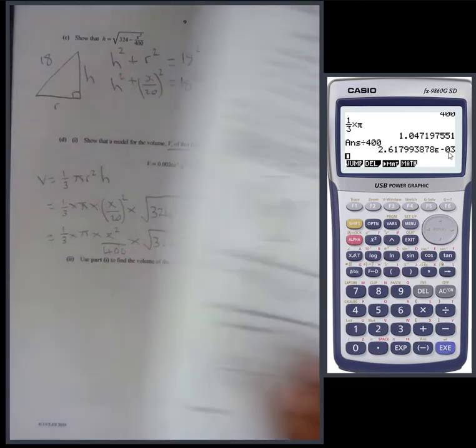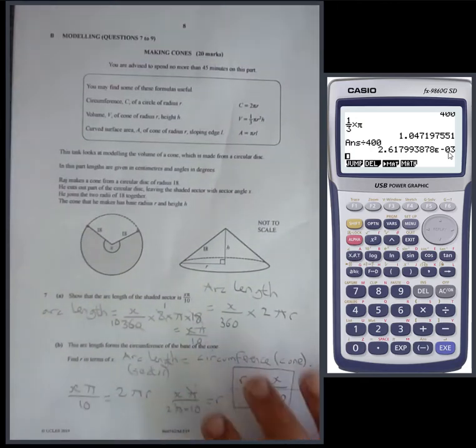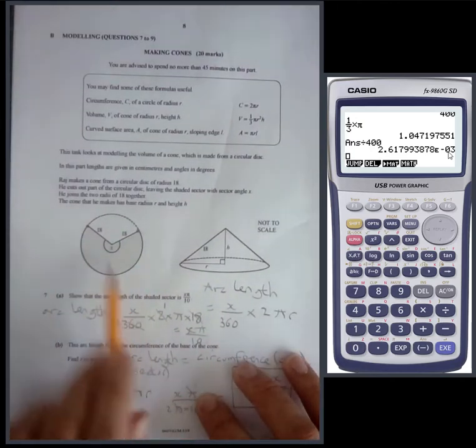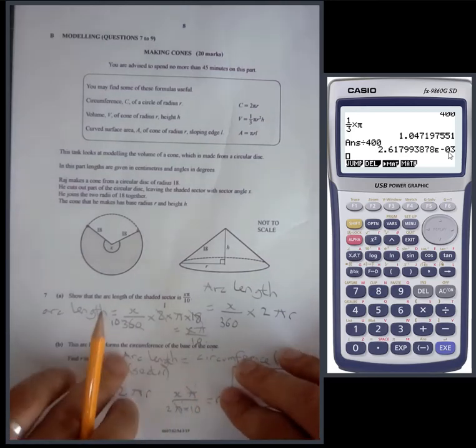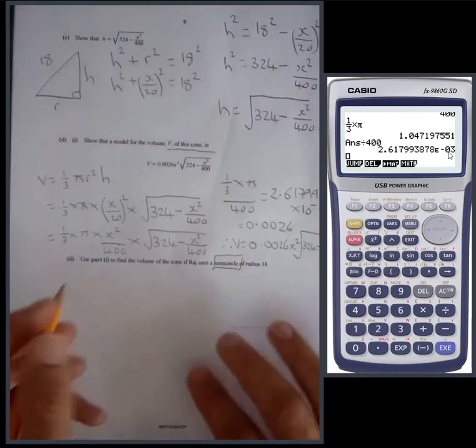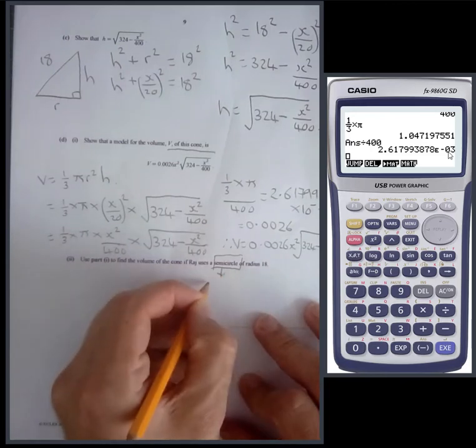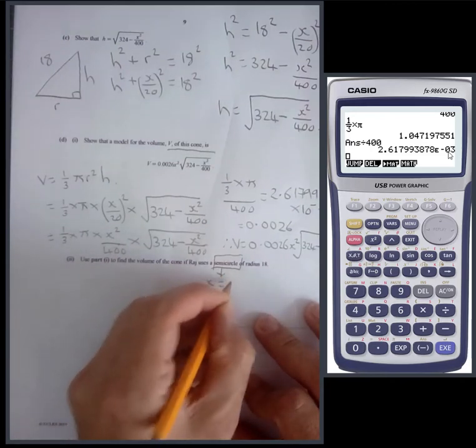If we go back to what Raj is actually doing, he's taking sectors with angle x, right? So basically it's saying, what if this sector is a semicircle? It's a special kind of sector. Well, if this was a semicircle, x would be 180 degrees. A semicircle means half a circle, right? So semicircle means x, which is the angle, equals 180.